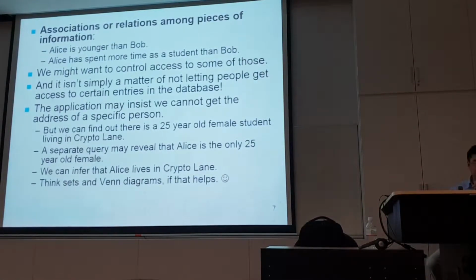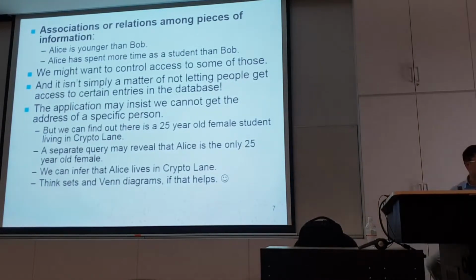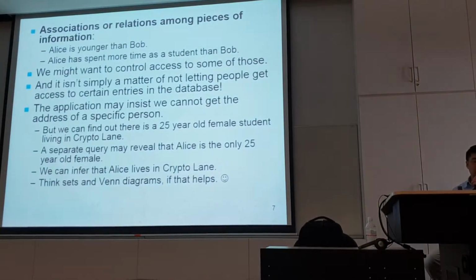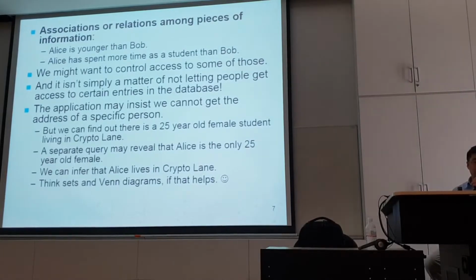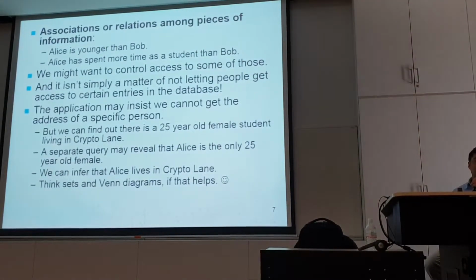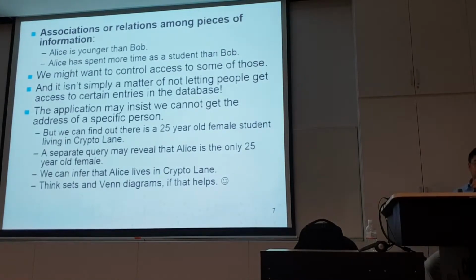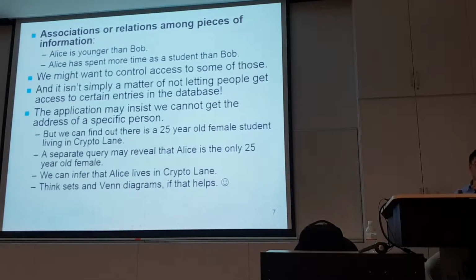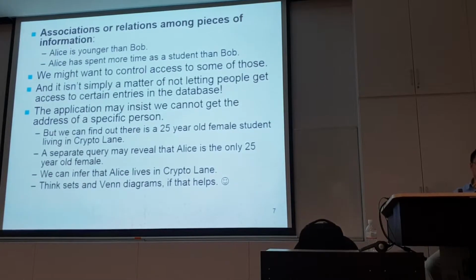For example, we do not allow the users to query the address of a specific employee. We try to hide the home address of a particular employee. So you cannot directly query the address by putting the employee ID or employee name as the condition in the predicate.